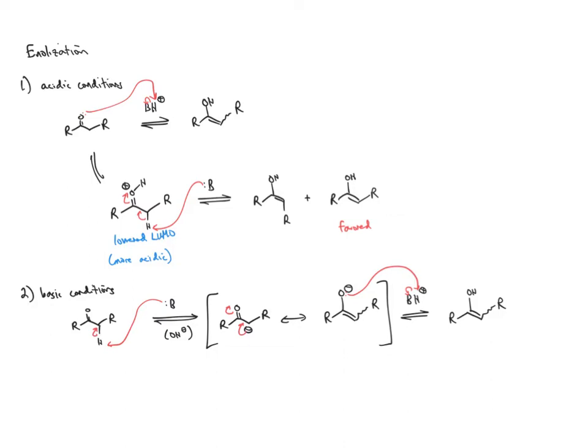Now remember, in order for enolization to happen, you have to have proper orbital overlap between the sigma CH and the pi star. And so an important caveat here is that we need to make sure that we follow proper orbital alignment. And so the example here is the following. So let's say we have that ketone.